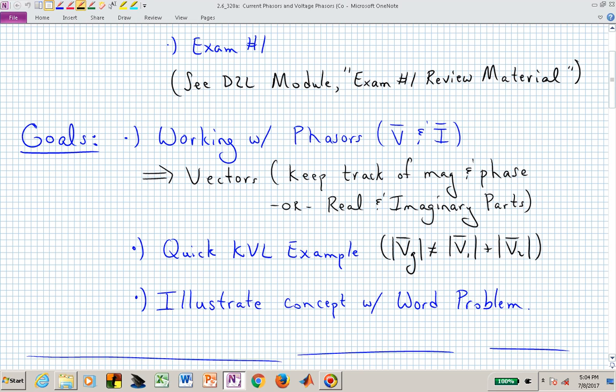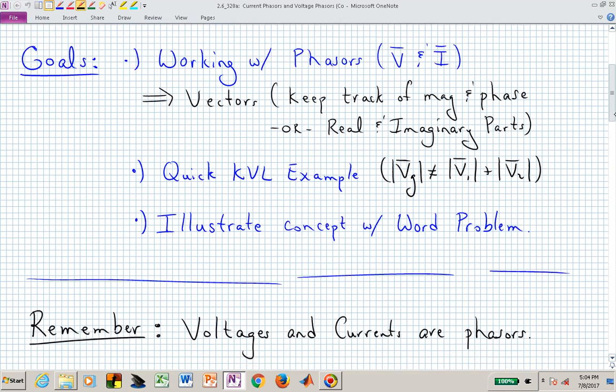Let's look at a word problem that illustrates how we can really start to have fun with magnitudes and angles when we're dealing with voltages, complex power, etc. And how do we extract all of that into something that we can use to solve for what we need when we have a mix of given information in the form of a word problem.